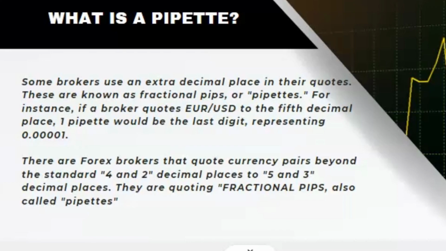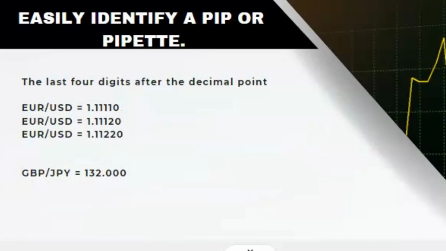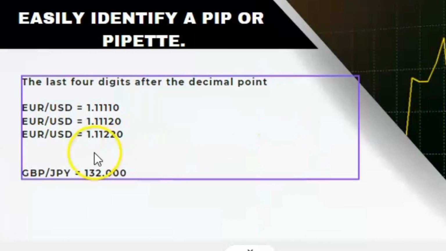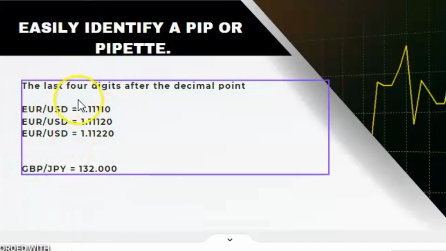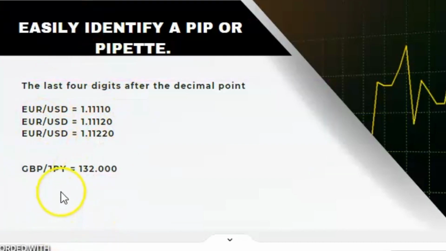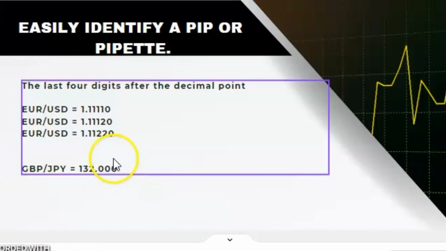In this video, I'll be talking about how you can identify a pip or pipettes. Here is one thing you must know. In this section of my slides, you can see that the digits after the decimal point are known as pips.